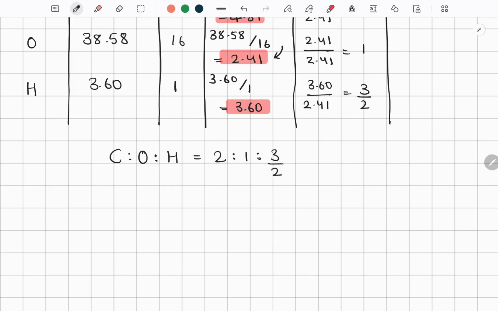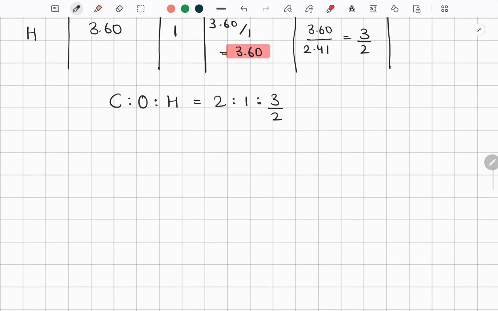So how can we remove the fraction 3 by 2? We can multiply everything by 2. Multiplying 2 by 2 gives 4, multiplying 1 by 2 gives 2, and multiplying 3 by 2 by 2, the 2 and 2 cancel, giving 3. We end up with the new ratio 4 to 2 to 3.